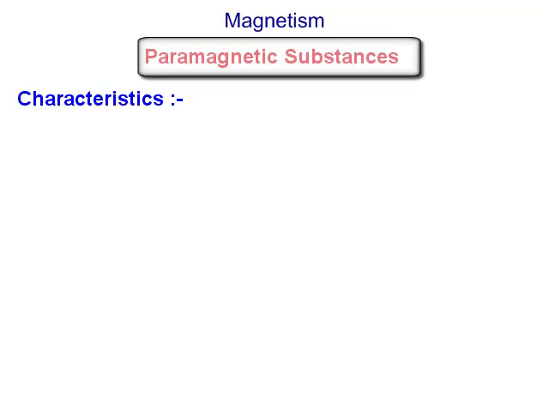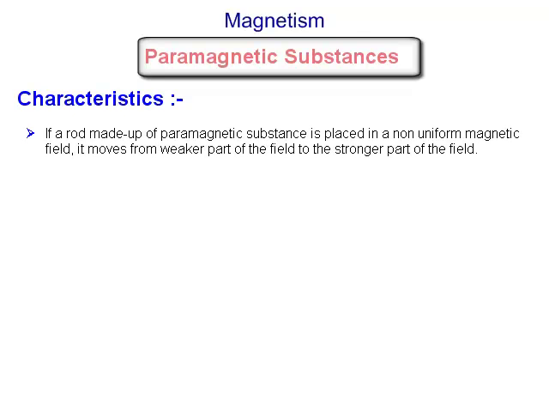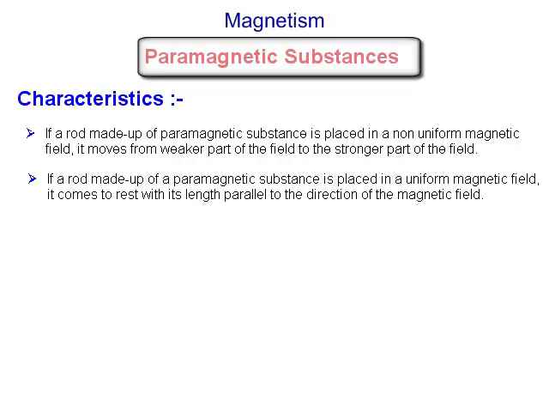These are as follows. If a rod made up of paramagnetic substance is placed in a non-uniform magnetic field, it moves from weaker part of the field to the stronger part of the field. If a rod made up of paramagnetic substance is placed in a uniform magnetic field, it comes to rest with its length parallel to the direction of the magnetic field.